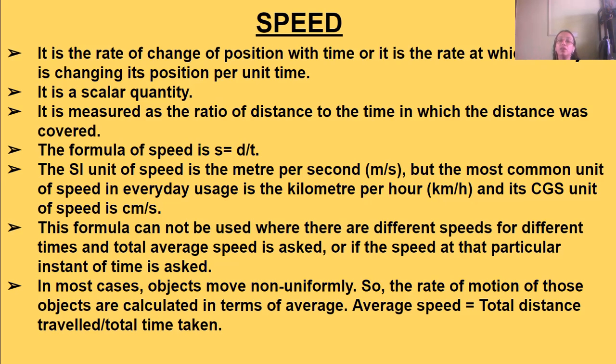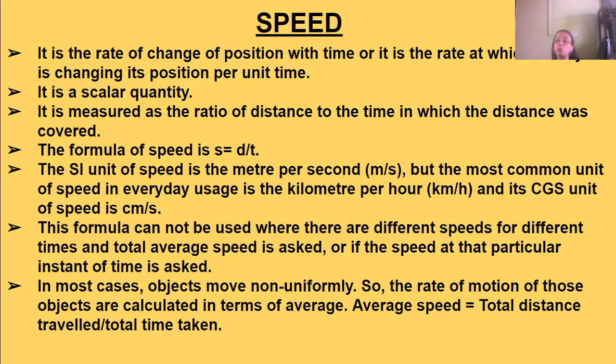Sometimes there are some ups and downs in the road, so the speed may be slower, and if it is a very good road, then the speed will be fast. So the rate of motion of those objects can be calculated in terms of average. For non-uniform motion, the average speed is taken.